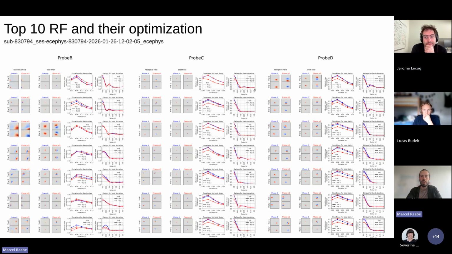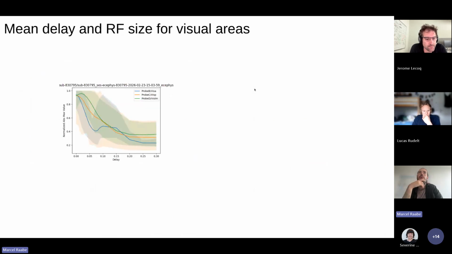Okay, what we can do now is, we have these different delays and all of these optimized filters, and we can do a little bit of a meta-analysis of that. So basically, we can look at the mean delays and the receptive field sizes for different probes. Here I'm showing the normalized absolute max correlation for different delays.